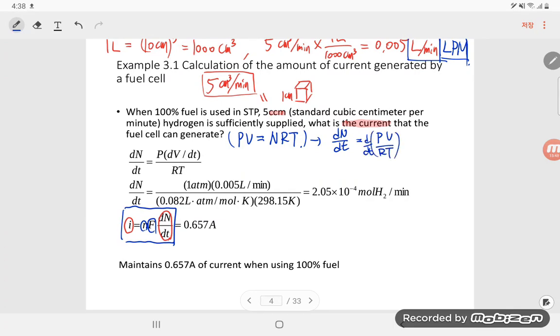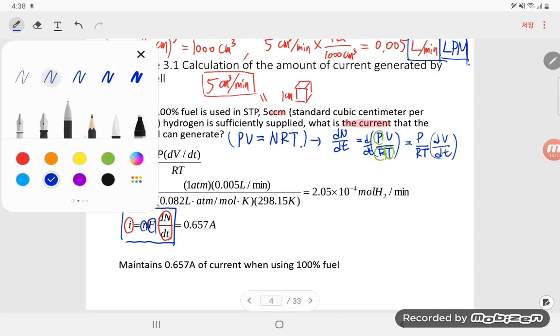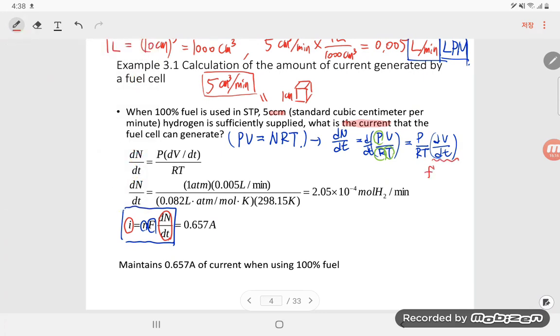But here, P, T, and R can be considered constants, so this goes forward, P/RT times dV/dt. Okay, this is the flow rate, right? This is the flow rate in terms of liter per minute. Okay, let's use this.